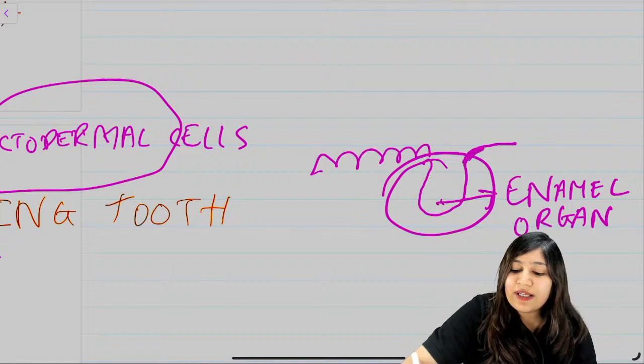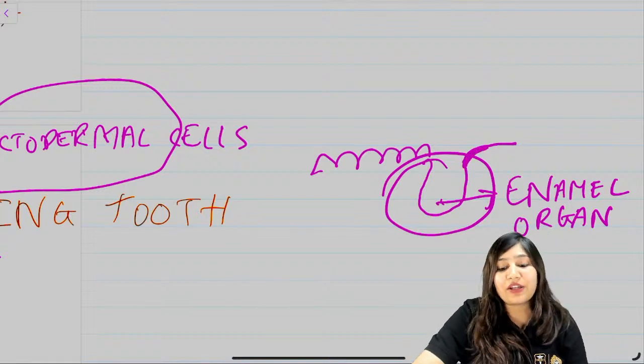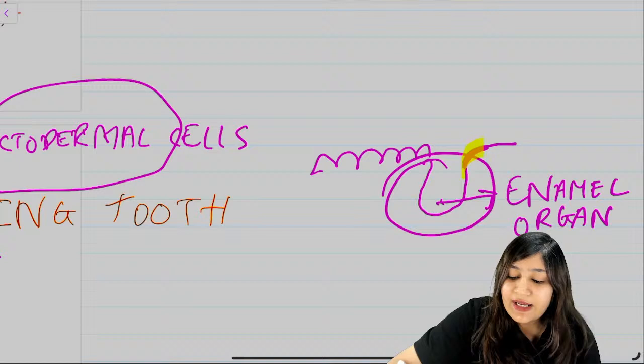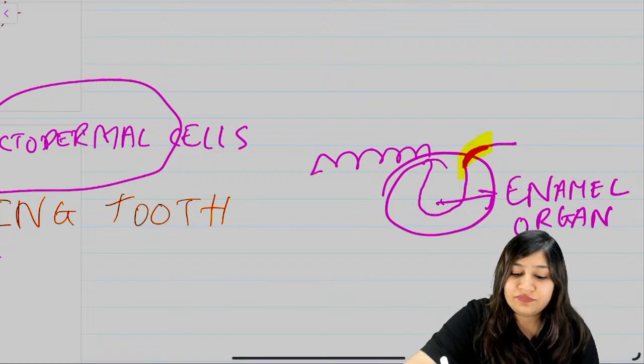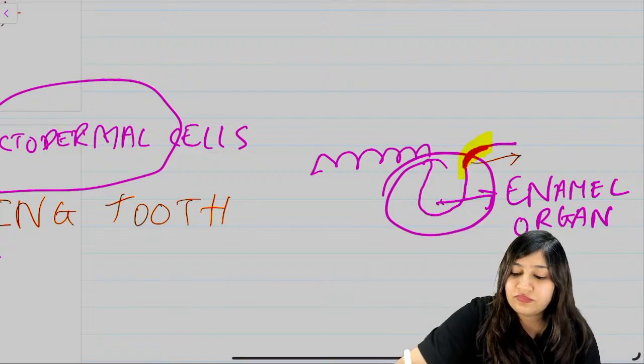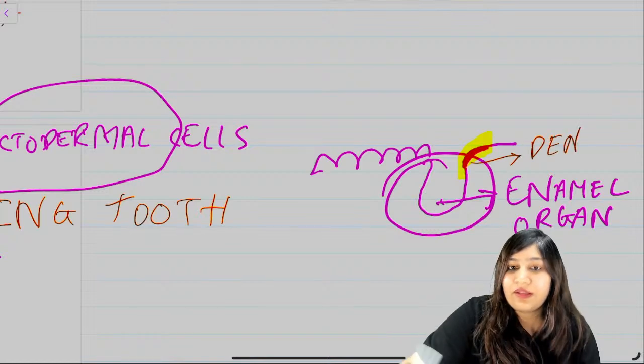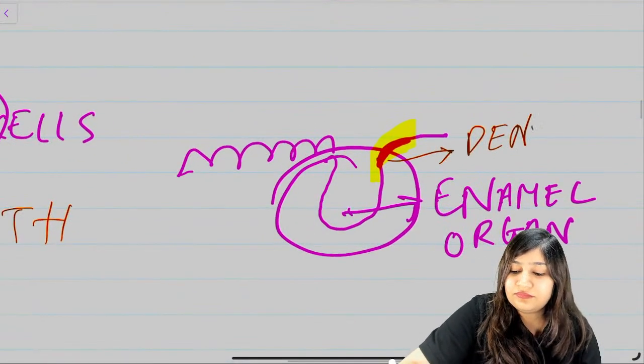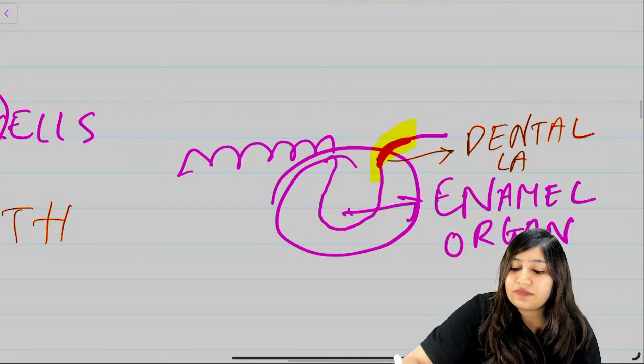And this portion connecting the enamel organ and the ectoderm is our dental lamina.